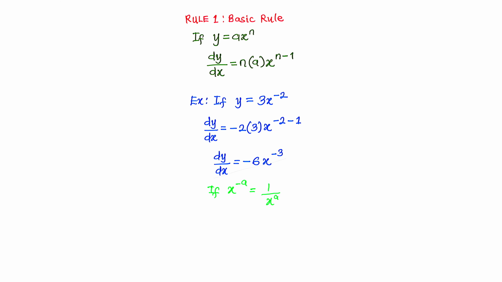Applying this, dy/dx equals -6 multiplied by 1 over x raised to power 3, hence dy/dx equals -6 over x raised to power 3, and that's the answer.